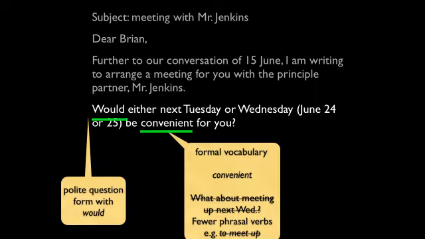In an informal style, we could use more spoken style phrases such as, "How about meeting up on Tuesday?" with more phrasal verbs such as, "to meet up." In more formal writing like this, we don't use as many phrasal verbs.